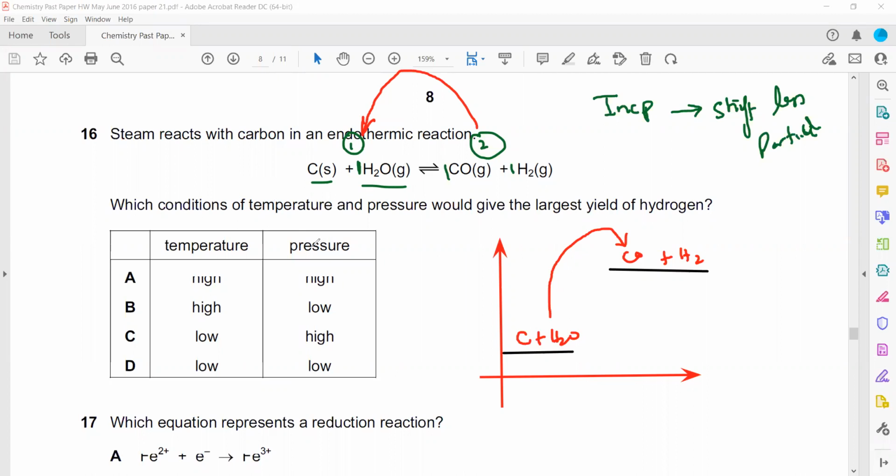So we should decrease the pressure and increase the temperature. So temperature should be high and the pressure should be low for a better yield. So B is the right answer for this.